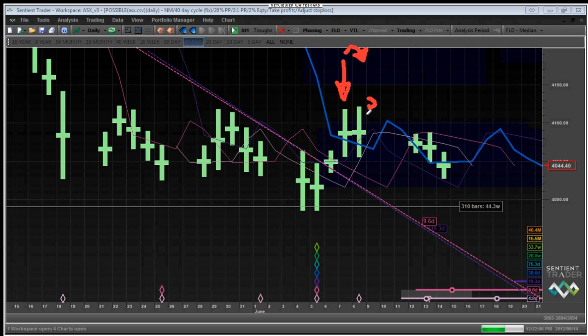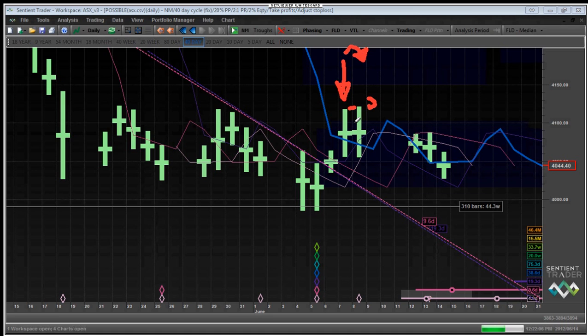Now, there's a perfect example here of why we do that. Very often, as you can see, price bounced up ever so slightly higher on Friday than the previous day's high.